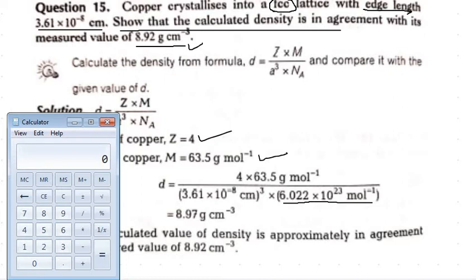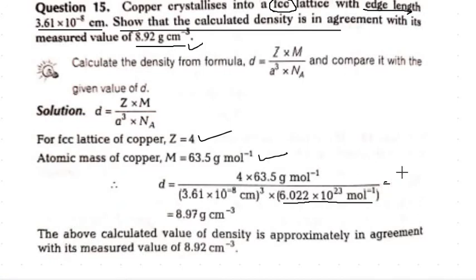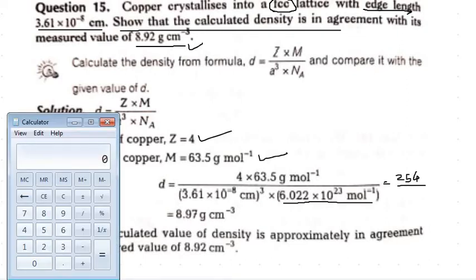So let us simplify this. In the numerator, what you can find is 4 into 63.5, that is 254. So let me write this as 254. For the denominator, we are taking the cube, so 3.61 multiplied 3 times into 6.022 becomes 283.31.